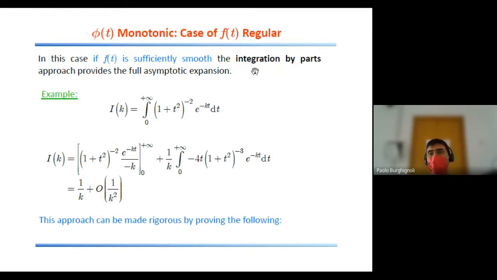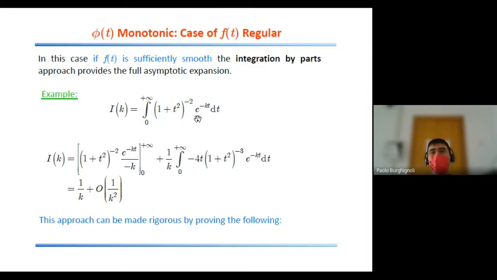As we saw last week, integration by parts is perhaps the simplest of the asymptotic techniques. Take, for example, this integral, I of k, which is an integral along the positive real axis of this rational function, 1 over 1 plus t squared, that multiplies the Laplace exponential e to minus kt.